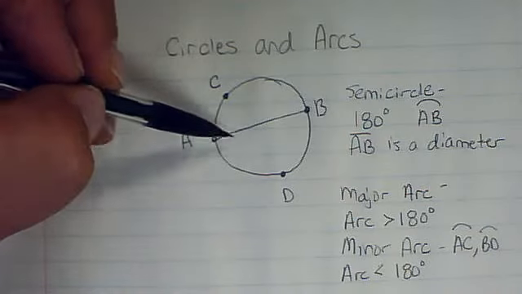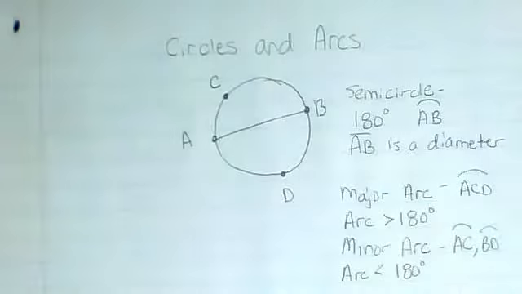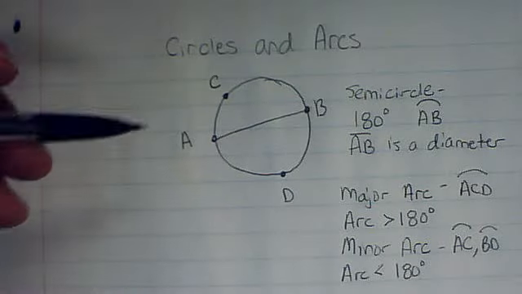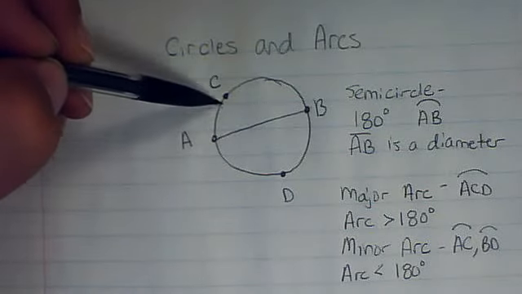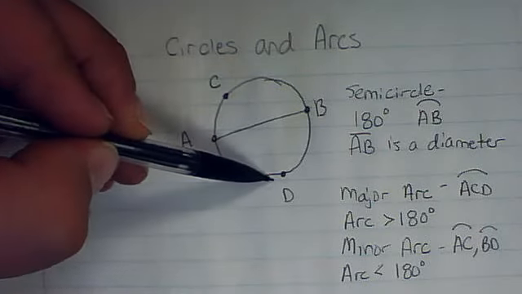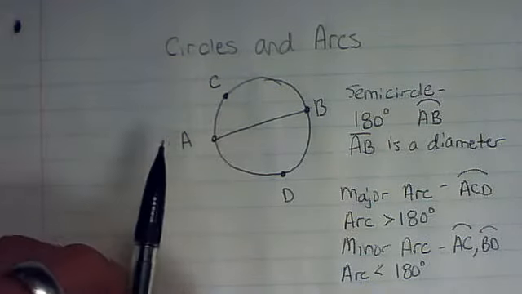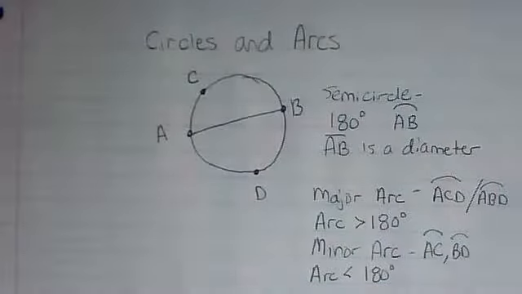So here, for the major arc, I would say that major arc ACD would be an appropriate answer, because I go from A, go to C, and then all the way around to D. The other way that I can name that arc is by calling it ABD instead of ACD, but I'm naming the exact same arc there.